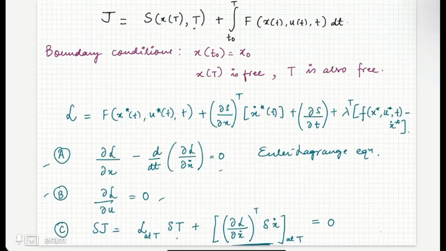If both x of T and T, that is the final time and the final value of the state, are fixed, then these two variations will also be 0, and the only equations left to solve are these two, and the constants can be evaluated using the boundary conditions.